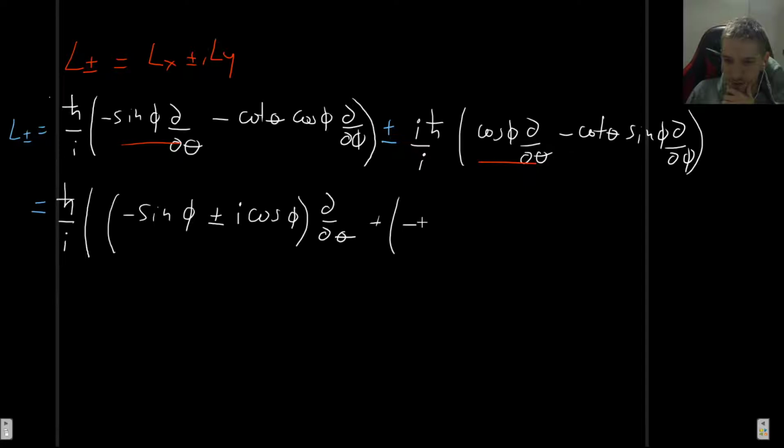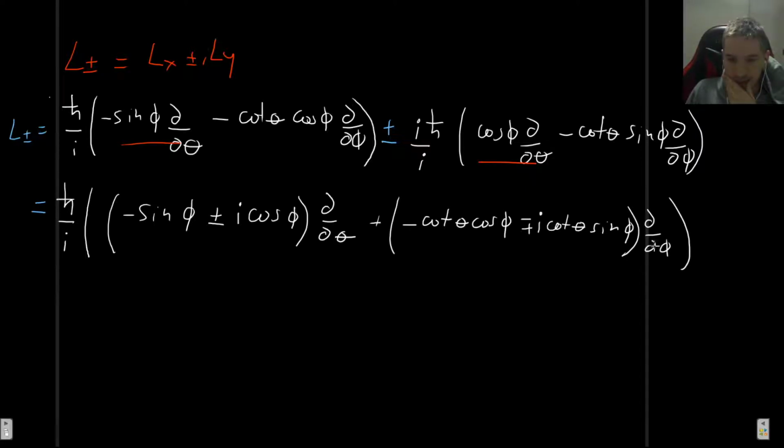So I have first minus cotangent of theta cosine of phi, and then I have plus or minus, but multiplying a minus sign, so I get minus or plus, because if this was a plus, when you multiply it with a minus it is a minus, and if this was a minus, when you multiply it with a minus it is plus. So minus plus i times cotangent of theta sine of phi, and all of this d by d phi.